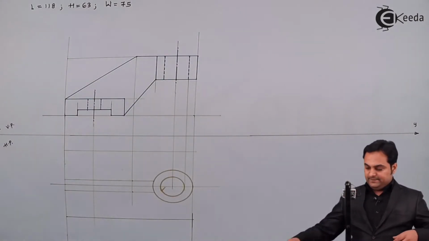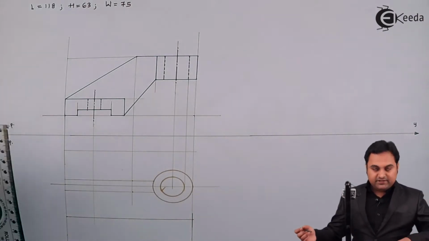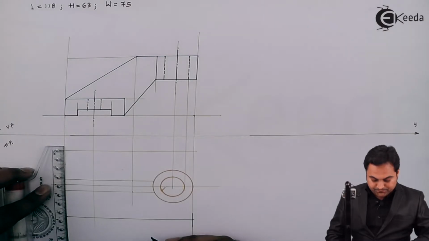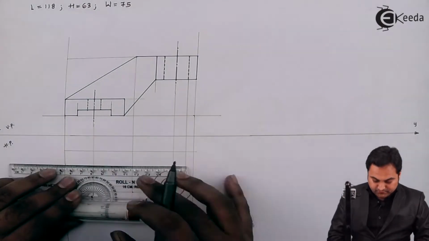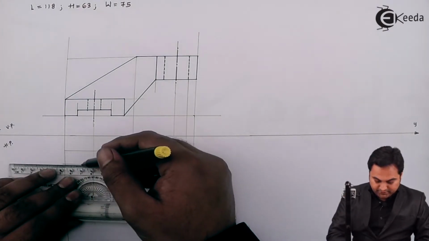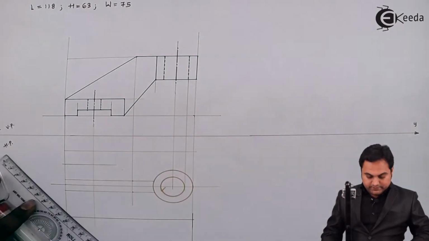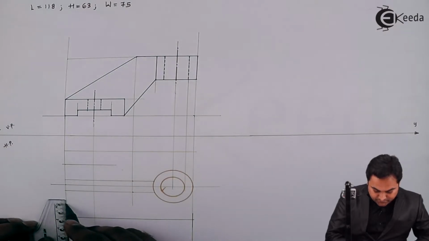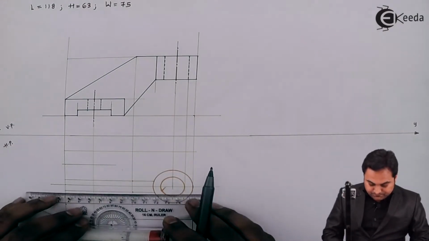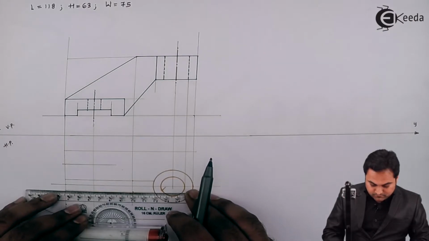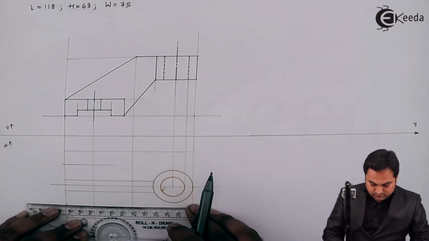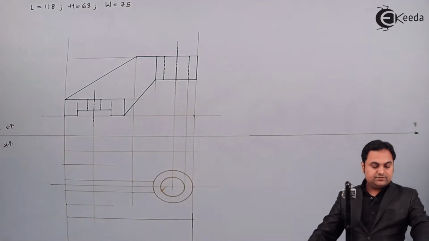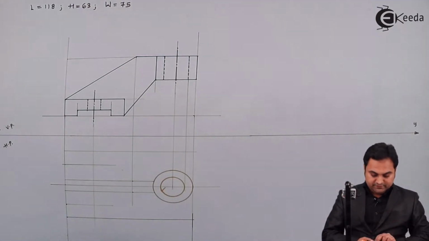So for that, I'll be marking next the 15 mm distance from one corner and projecting it with a light horizontal line. Then marking 15 mm from the other corner as well, because there are two such circles. Projecting the light line. Now these are the centers of the circles which we have to draw.